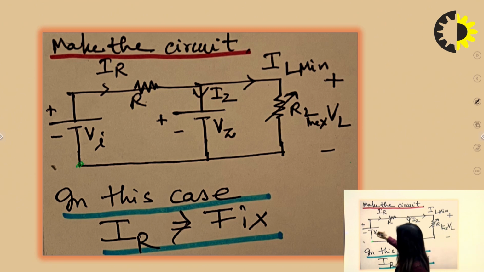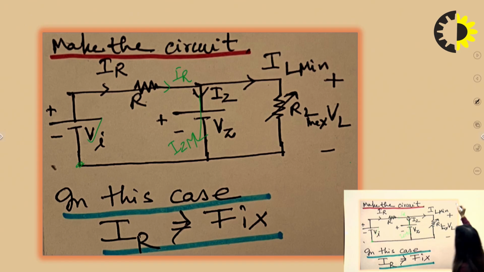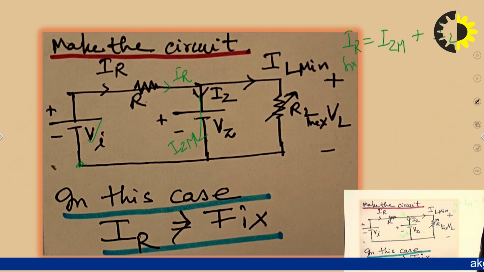Here IR is fixed. Here this current is IZ maximum. And IR is equal to IZ plus IL. This is maximum and this is fixed, then this should be minimum.